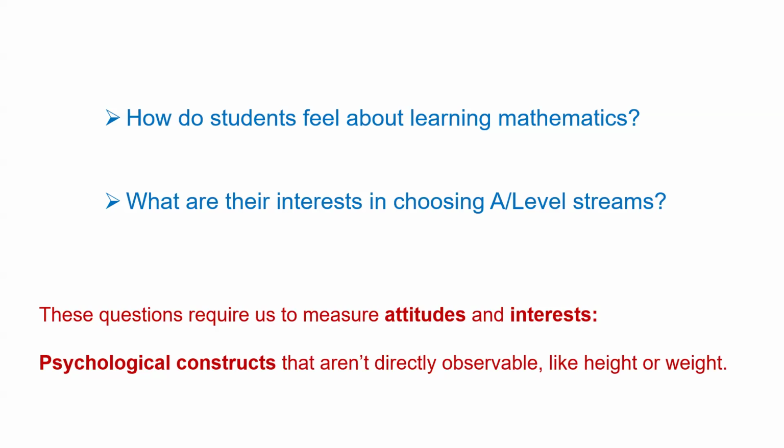These questions actually require us to measure their attitudes and interest. How they feel about learning mathematics, that is their attitude. What are their interests in selecting A-level streams, that is about their main focus or interest.